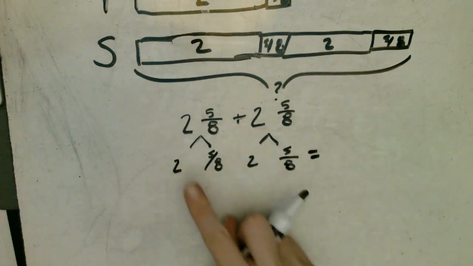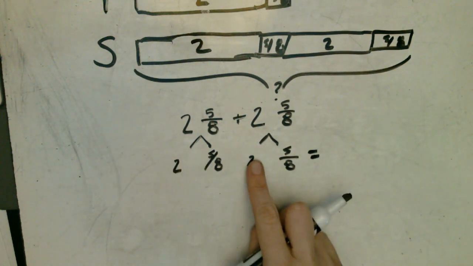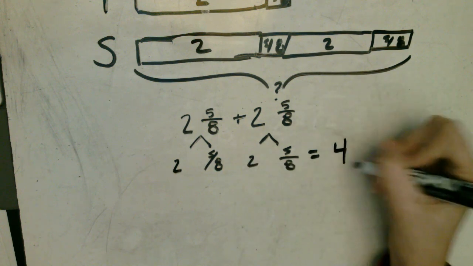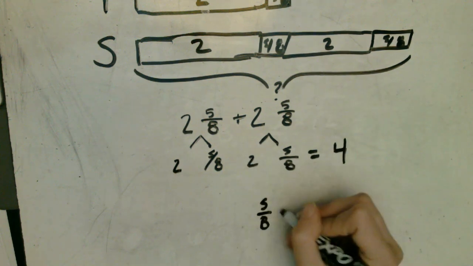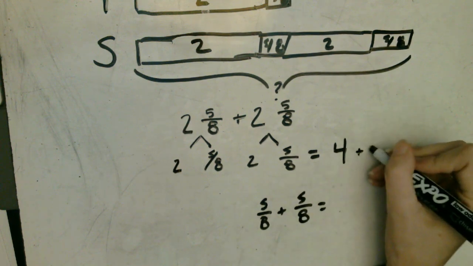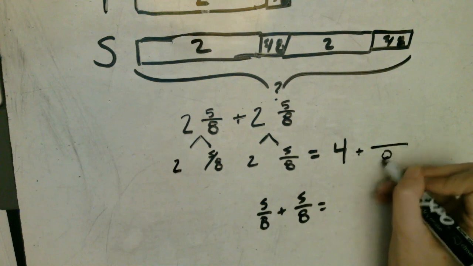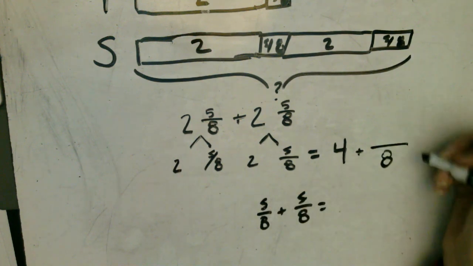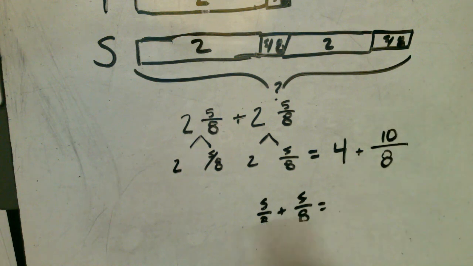So let's add our whole numbers first. What's 2 plus 2? Good. 2 plus 2 is 4. And if we had 5/8 plus 5/8, they have the same denominator, so I leave that the same. What's 5 plus 5? Good. 5 plus 5 is 10.